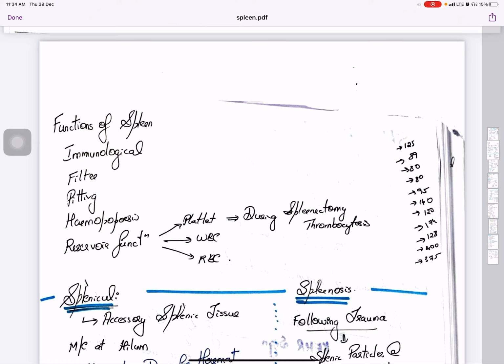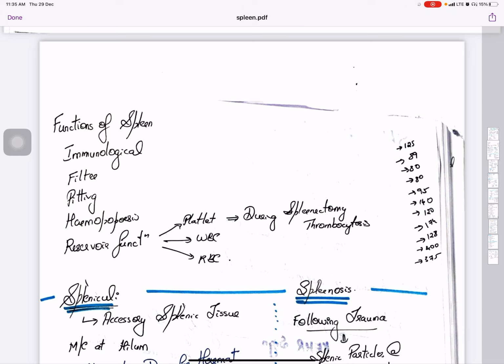So, in functions of spleen, we have immunological function. In immunological, we have antibody production, WBC production, then humoral response.